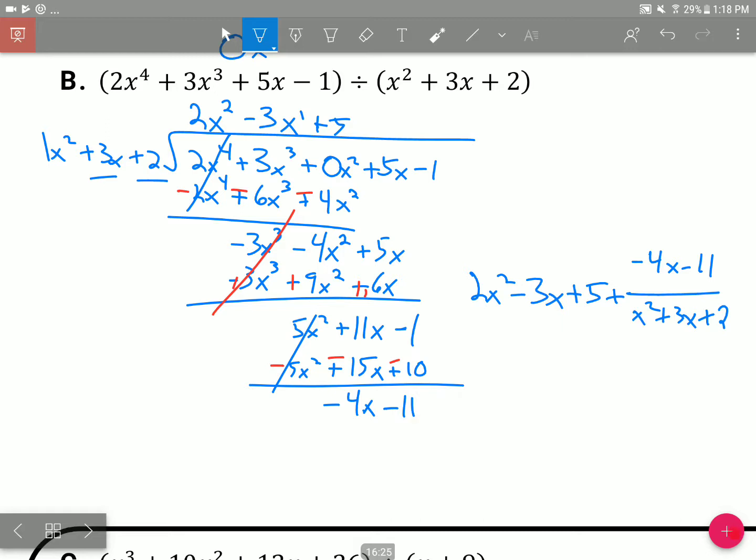It just gets tagged on like that, because I can't continue to divide it. I just have to show this is what's left over. Does that make sense? I took my answer, and then I added on my remainder divided by my divisor.